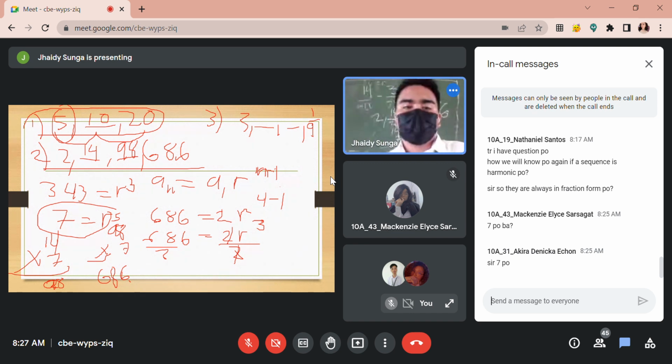So we could see that in order for us to get the geometric mean, we should follow our formula. Okay, gets?